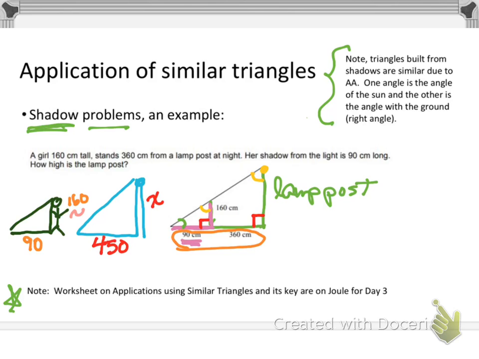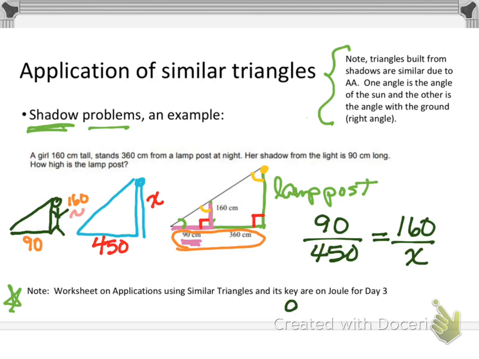So set up your proportions. So we'll change one last time. Setting up my proportions, I would say that 90 is to 450 just like 160 is to x. Okay, do your cross products, and I get 90x equals, okay, 160 times 450 is 72000.